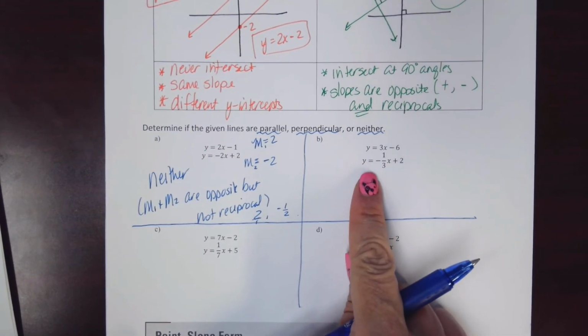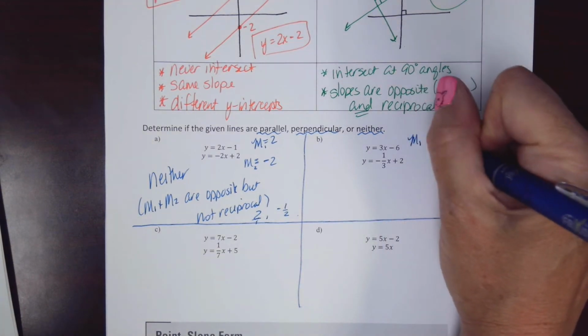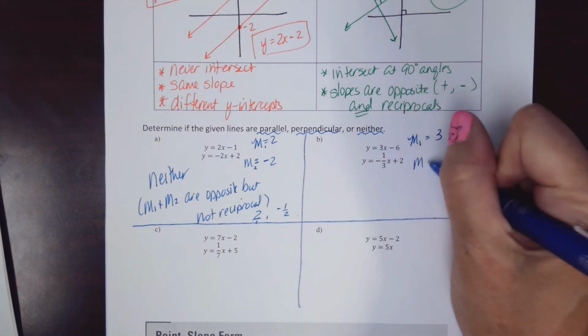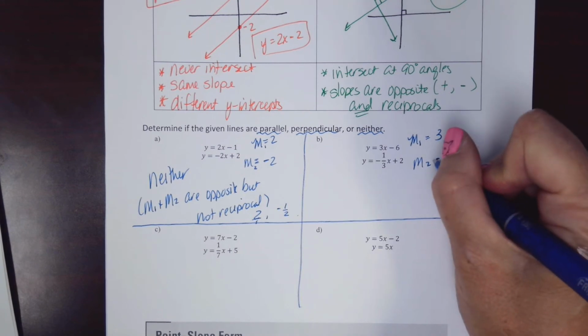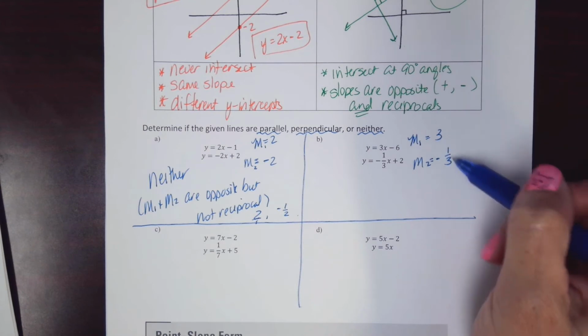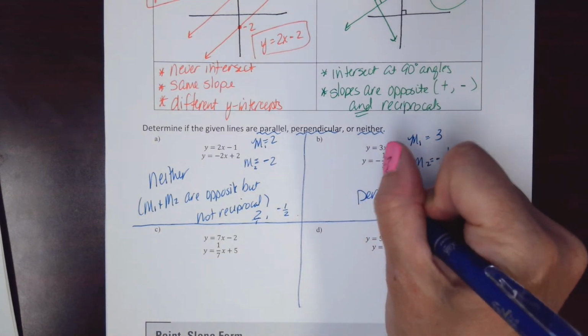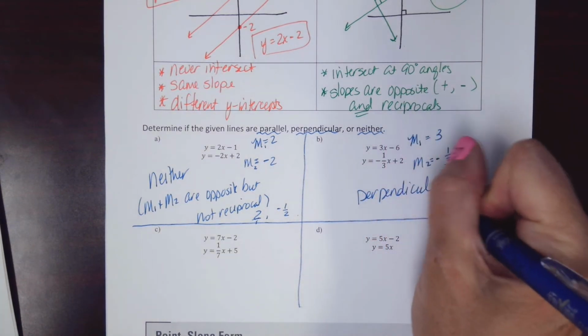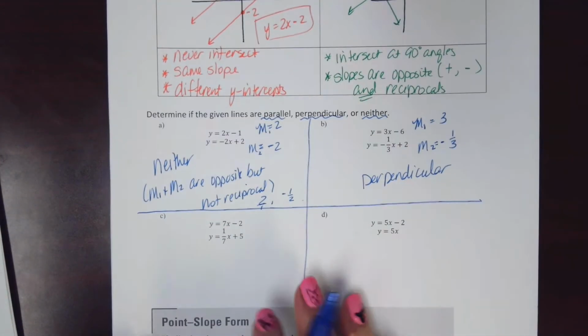What about these two? The slope of the first line is 3, and the slope of the second line is a negative 1/3. So what do you think? One's positive, one's negative, and they are reciprocals of each other, so these two lines would intersect and be perpendicular to each other.